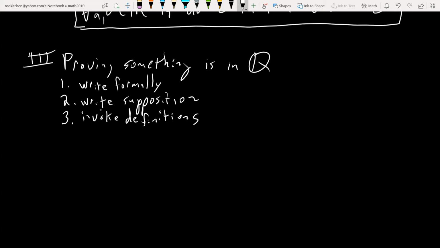Use all your rules from Appendix A. So there's a lot of rules for working with fractions already sitting there in Appendix A. Show the results have a form of a rational, and that's usually where you end up having to use the zero product property.